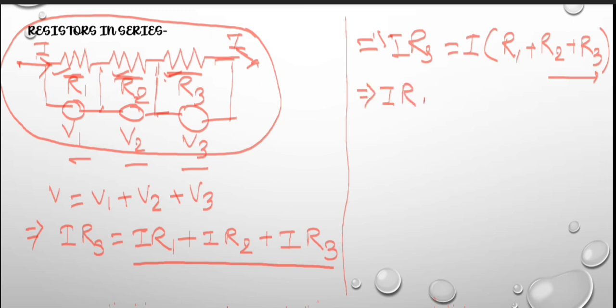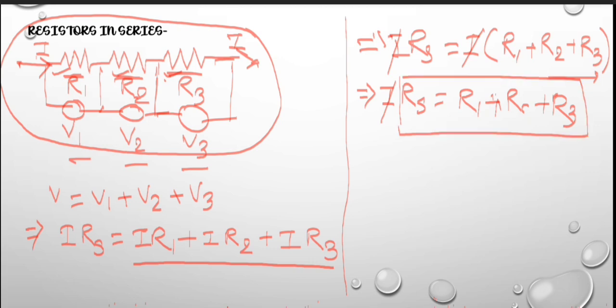I Rs is equal to I times (R1 plus R2 plus R3), and this I and I get cancelled. So we can remove this I. So we are left with Rs is equal to R1 plus R2 plus R3. Clear? So this is the formula of the resistors connected in series.